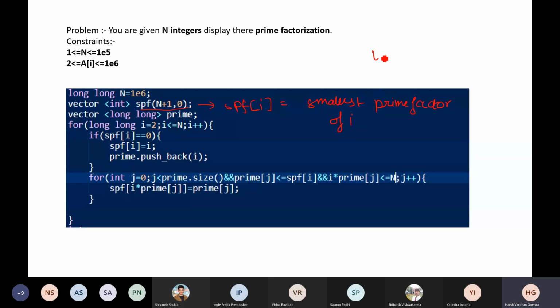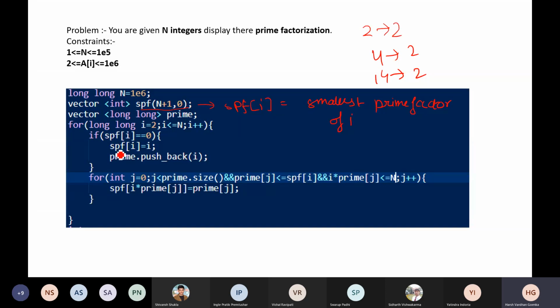Like in the case of 4 it is 2, in the case of 14 it will be 2. If it has not been marked, like in the case of 2, there are no prime factors which are a divisor of 2. So it is a prime number.